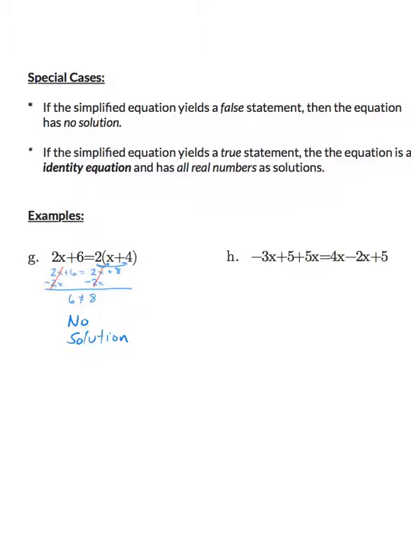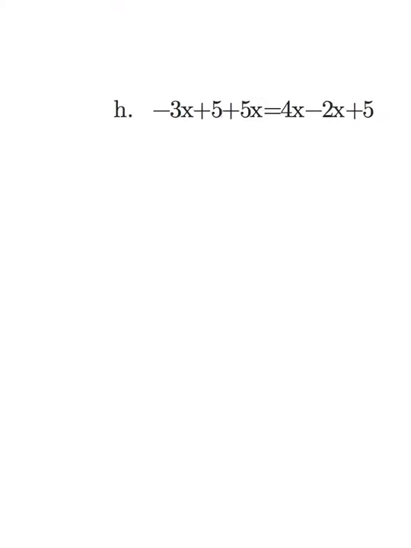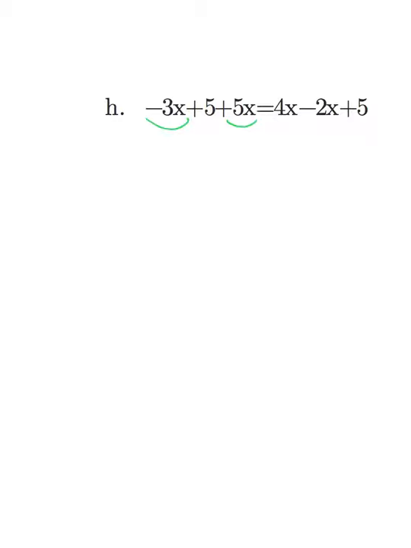Let's look at example H. Example H, we have negative 3x plus 5 plus 5x equals 4x minus 2x plus 5. The first thing that I want to do on this one is I want to combine my like terms. So if we combine like terms, we get negative 3x, and 5x on the left side gives you 2x plus 5.